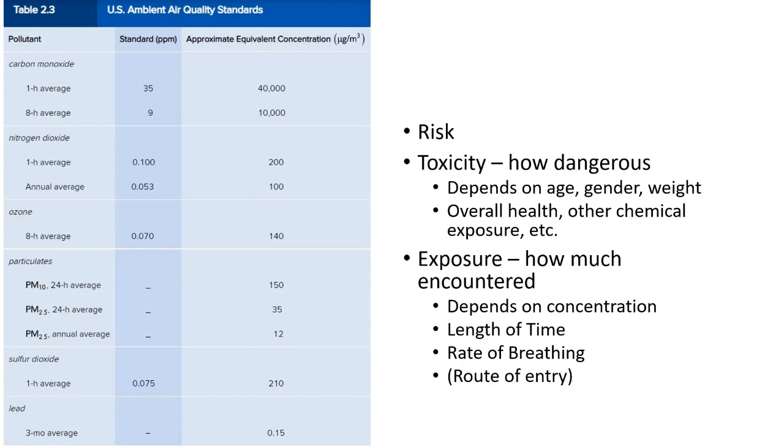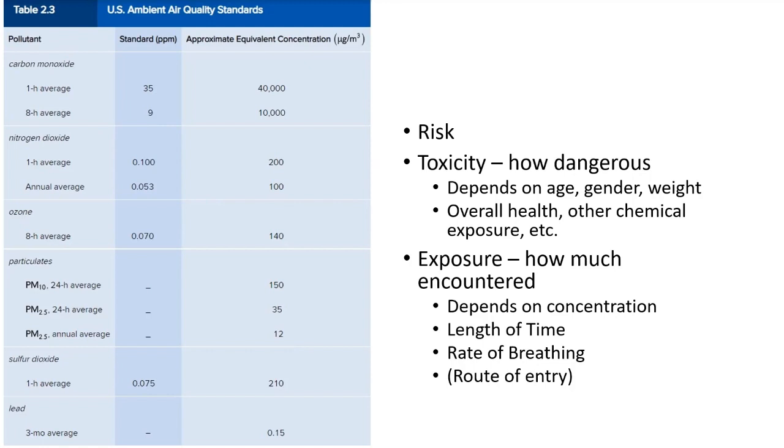Okay. Toxicity is how dangerous it is if you are exposed to it. How toxic something is depends on the person. So we've already talked about how toxicity is going to be worse for people who are old, for people who are babies, for people who have asthma. Okay.